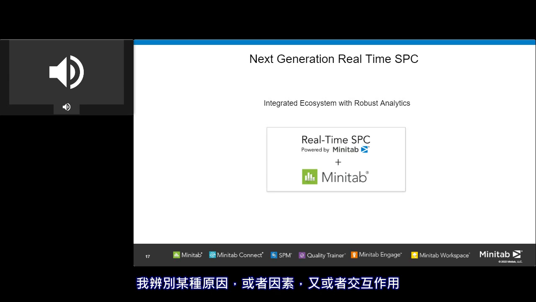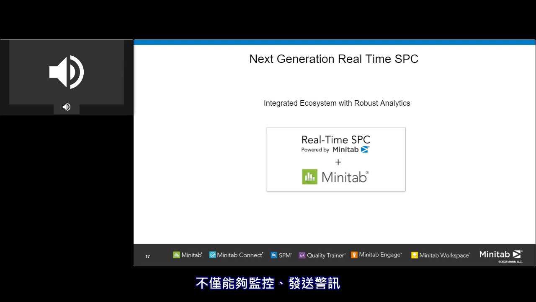Can I identify a reason or some factor settings or some interaction between factors that would tell me that these factors would affect my response? And this is what I think of as next generation real-time SPC, being able to not only have process monitoring and alerts and all those things that are must-have, but also being able to incorporate with an analytics tool that will allow me to dig in and do those predictive analytics easily and having that data ready.